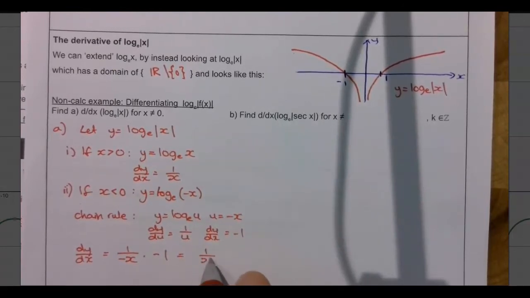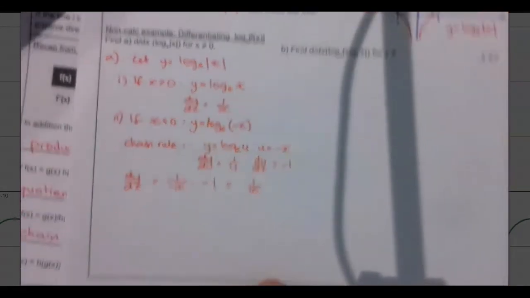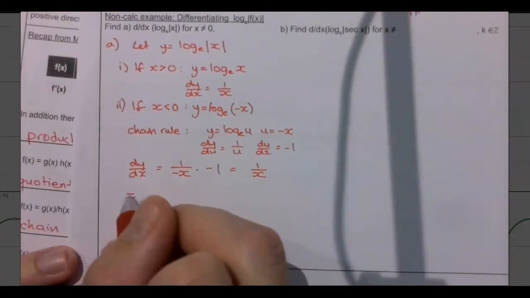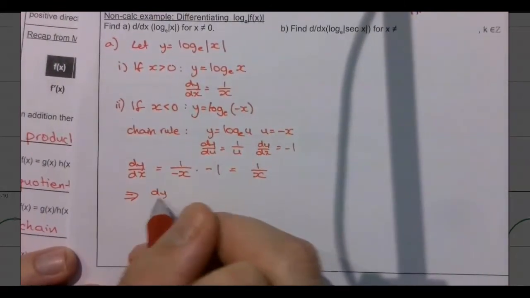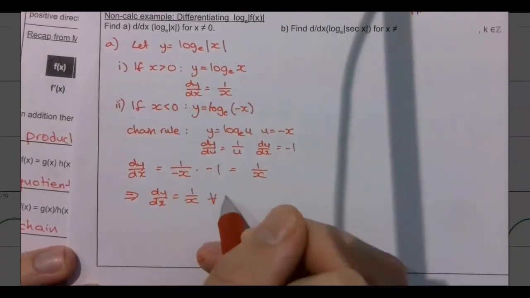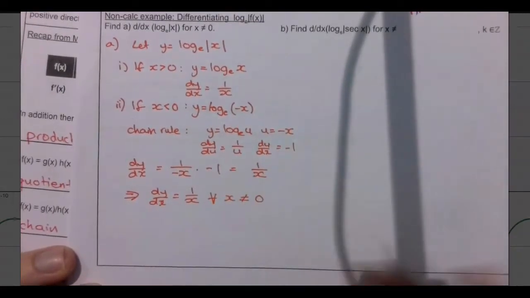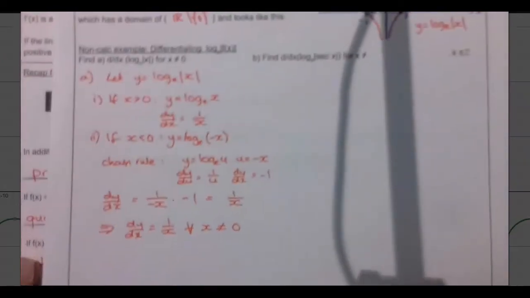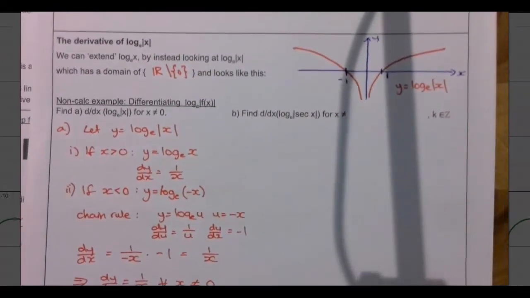So, in fact, just 1 over x, the same as before. And this has told us that everywhere the gradient is 1 over x. So we can write that out clearly, that dy by dx is 1 over x for all x not equal to 0.